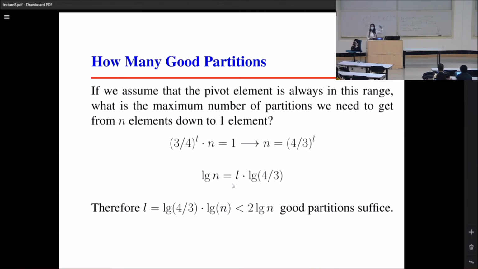This is the height of the tree. Previously, when the sizes were equal, we had log n. Now we have a tree which has 1/4 on the left side and 3/4 on the other side. So how many partitions does it need to reach from n elements down to 1 element?